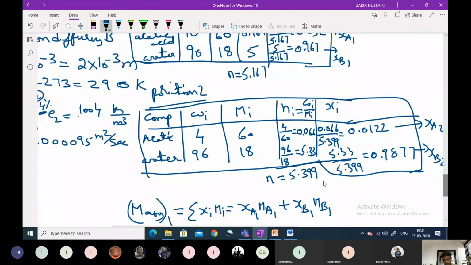So this one is equal to 0.032 into molecular weight 60 plus 0.967 into molecular weight 80. So this one is M average 1.